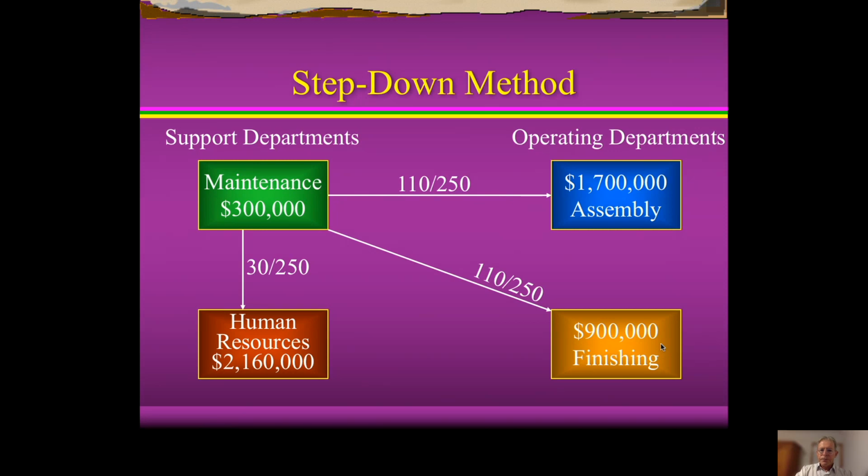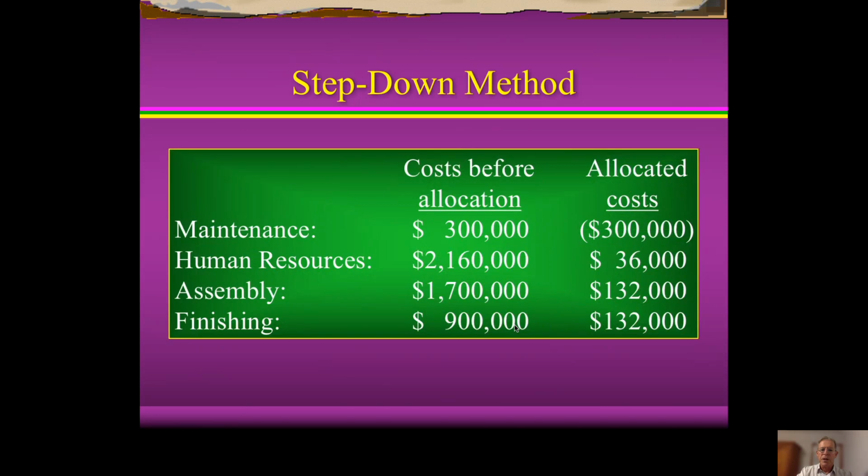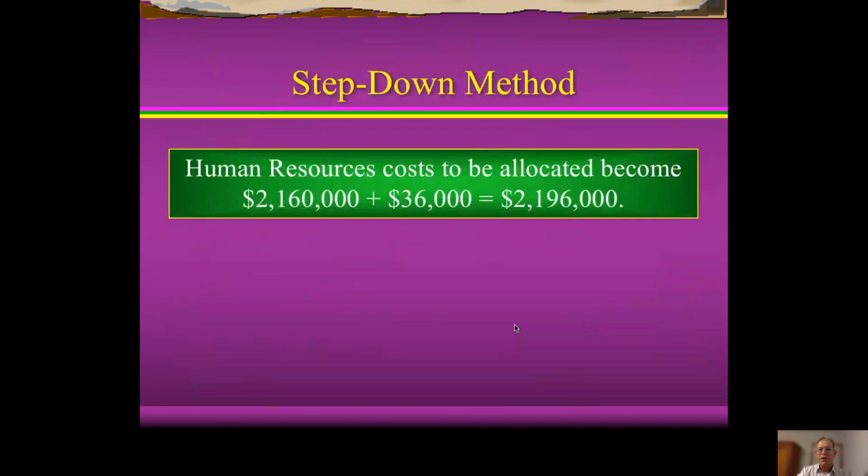So there we are, sharing the costs, maintenance going to human resources, stepping down to human resources, and maintenance being shared between the two operating departments, and from there on, human resources costs being shared between the other.